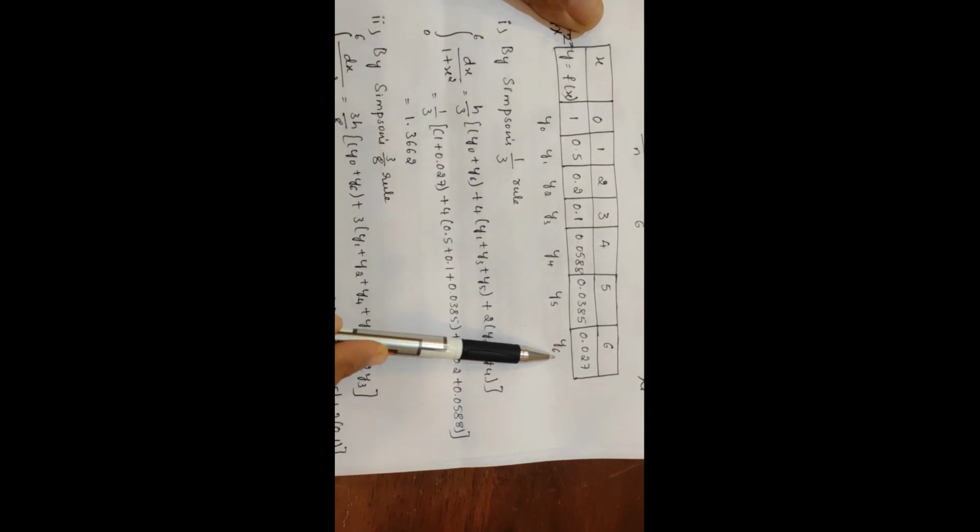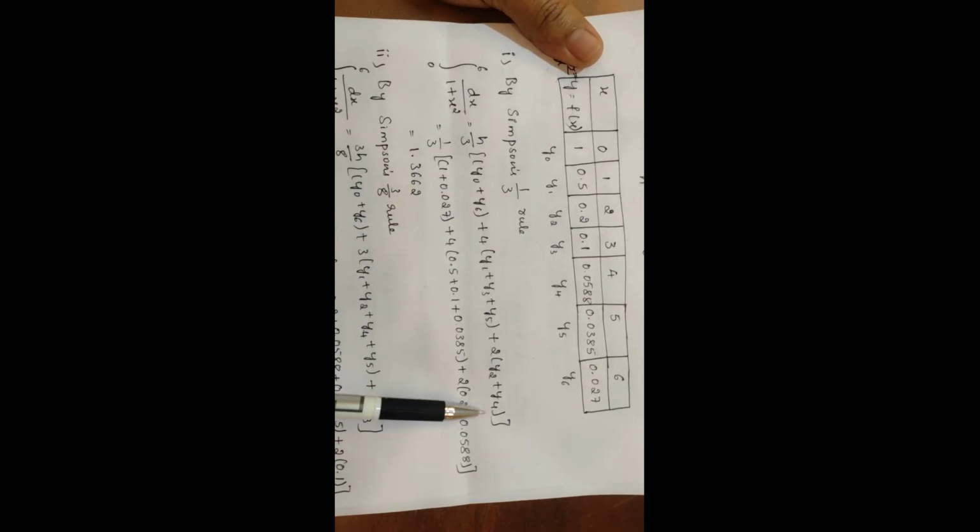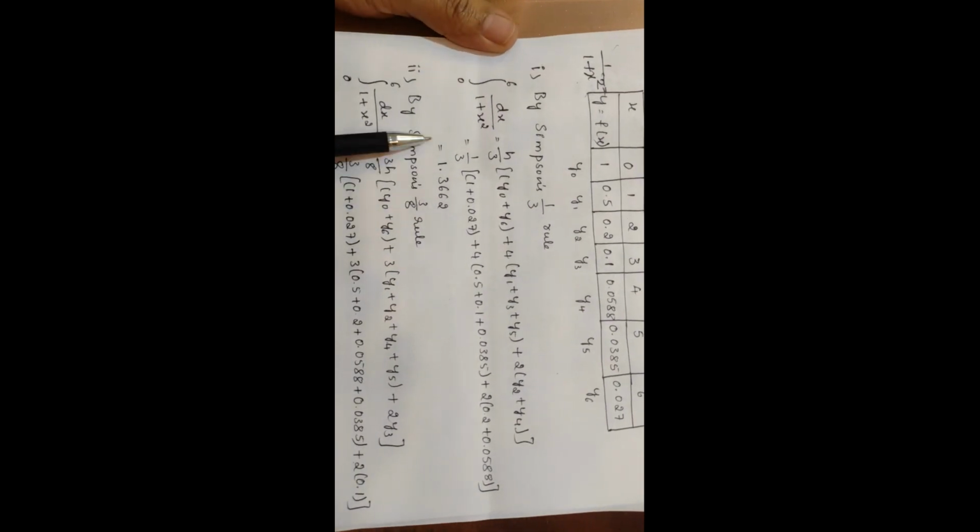You should not take y6 again, because it has been taken as the last term, the terminal point. So this is the formula. Afterwards you substitute the corresponding values: y0 is 1, y6 is 0.027. Like this you do the substitution and you get the answer 1.3662.